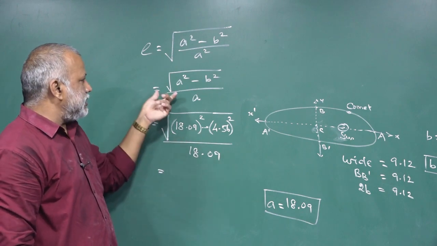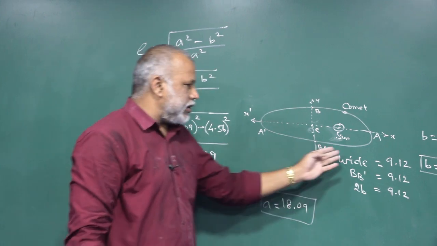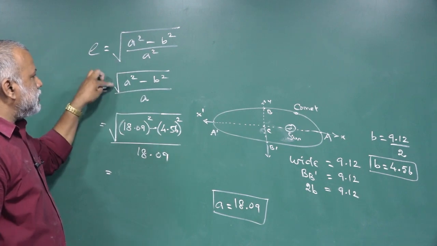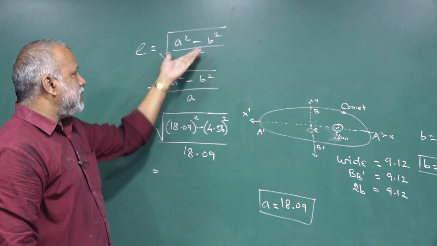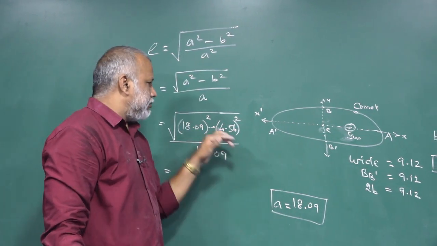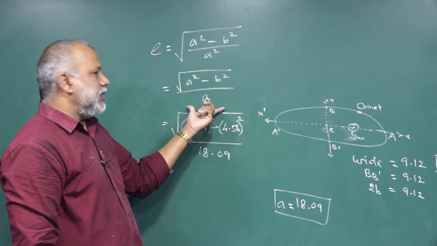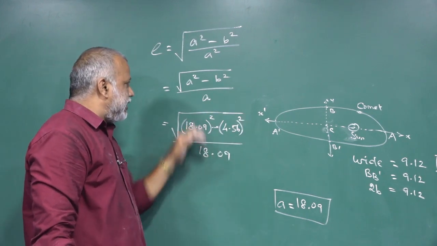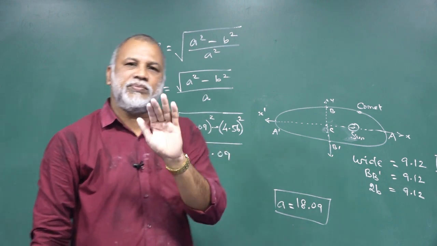Here we are using the square root of A squared minus B squared divided by A. A squared means 18.09 the whole square, then B squared means 4.56 the whole square. Expand this, subtract, take the square root. Using logarithm tables, you can work it out in a very simple way. Then divide by 18.09, and you can get the value of the eccentricity.